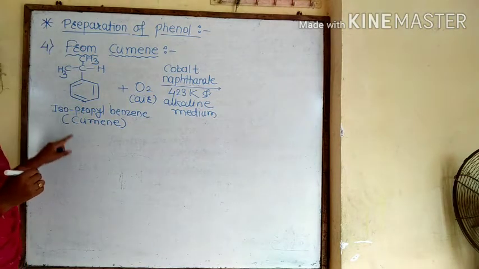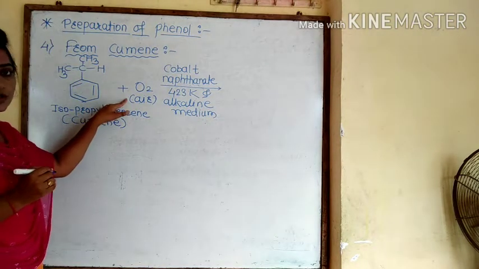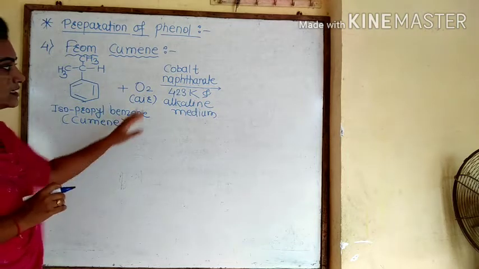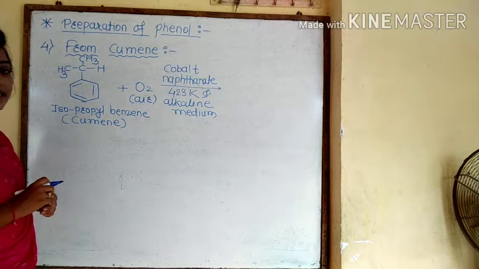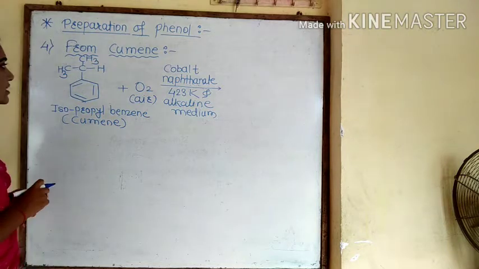So when isopropyl benzene reacts with oxygen in presence of cobalt naphthenate at 423 Kelvin temperature and in alkaline medium, so simply what happened?